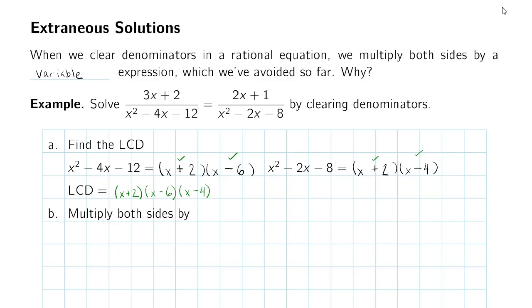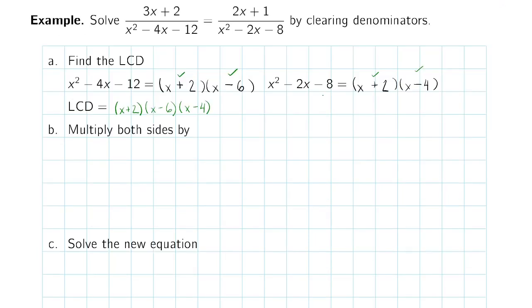So let's do that. I'm going to say x plus 2 times x minus 6 times x minus 4 over 1 multiplied by my left-hand side, which I have 3x plus 2 in the numerator. The denominator I'm now going to write in factored form.